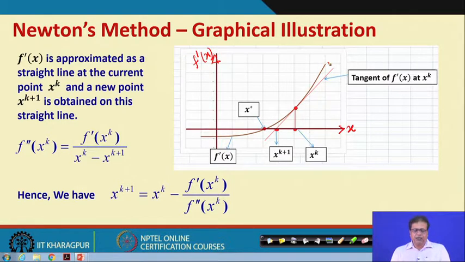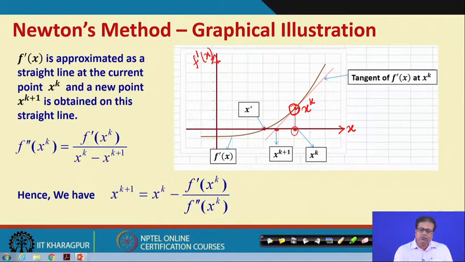Now, assuming just arbitrarily, let us say this is where our x star, that is the optimal point, lies. What happens if I take a given point? This point is our x k, that is our trial point. Actually this is our x k value, because this side is x.